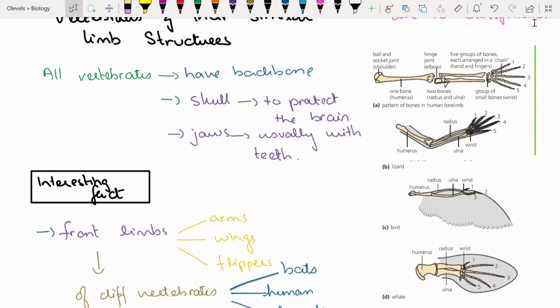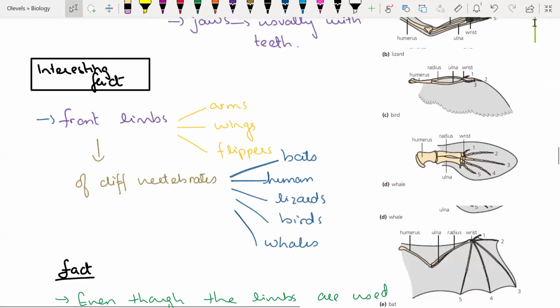Now there's an interesting fact about the front limbs of different vertebrates. Different vertebrates do have front limbs. Some have them in the form of arms, some in the form of wings, while others have them in the form of flippers, right?